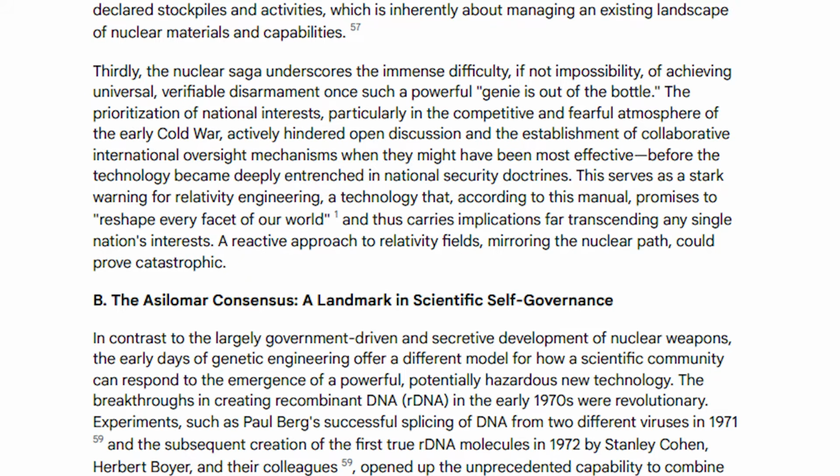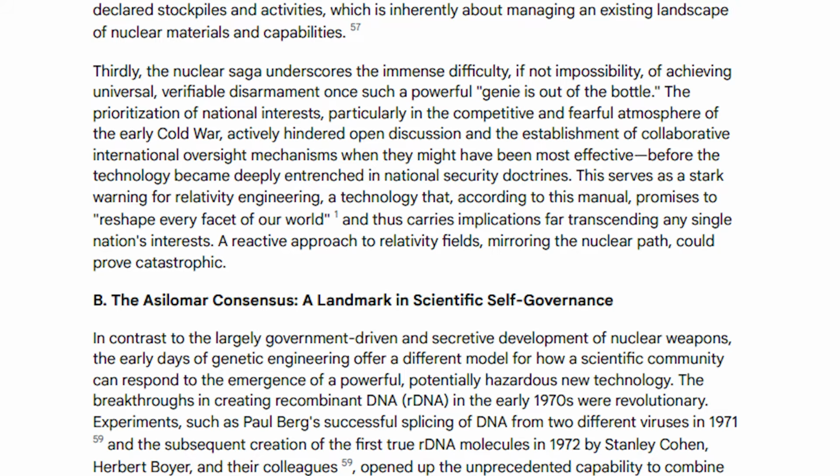Prioritization of national interests, particularly in the competitive and fearful atmosphere of the early Cold War, actively hindered open discussion and the establishment of collaborative international oversight mechanisms when they might have been most effective, before the technology became deeply entrenched in national security doctrines.